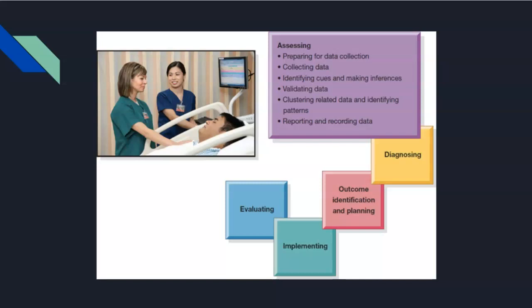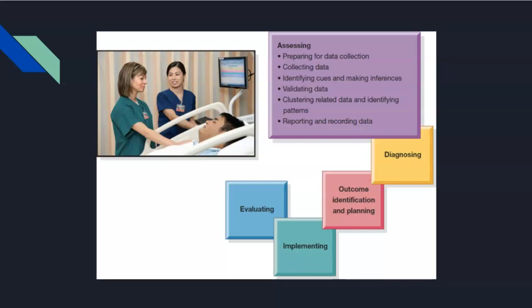And that's called an inference. If you can identify that maybe this patient has appendicitis, then that's an inference. Obviously, you wouldn't make that diagnosis, but maybe I need to report this to the physician. Maybe this is an emergency. Whatever you're inferencing, you're going to validate it by the rest of your data.